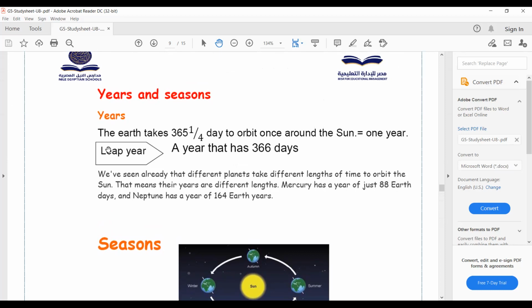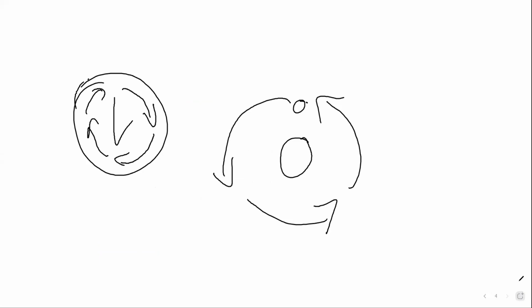Let's talk about the leap year. On the whiteboard: Earth takes 365 and a quarter days to complete one orbit around the Sun.